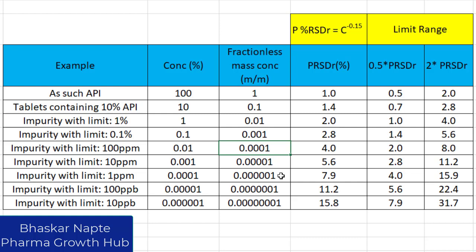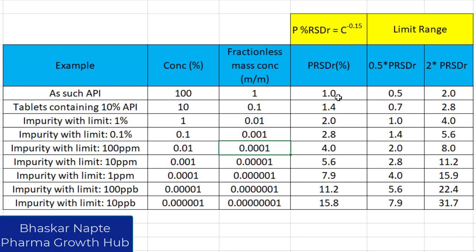Now, having calculated the mass fraction, the next step is to calculate the predicted percent RSD, or P percent RSD, and this R can stand for maybe the repeatability or the reproducibility. So how to calculate that? The calculation formula is C raised to minus 0.15.